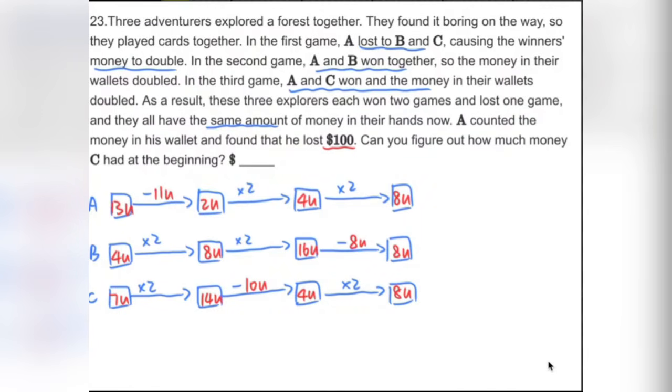Then actually, I still don't have the exact number, but according to the question, we know that A counted his money and found that A lost $100. Well, originally, A had 13 units. In the end, A only had 8 units. So you see that how many units of cards did he lose?